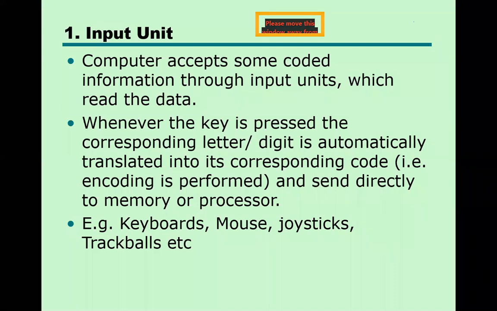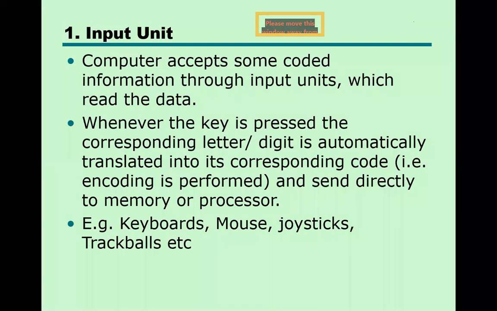So whenever a key is pressed, the corresponding letter or digit is automatically translated into its corresponding code, that is, encoding is performed, and it is sent directly to memory or the processor. Whatever information you give from the input unit will be stored in memory or go to the processor for execution.